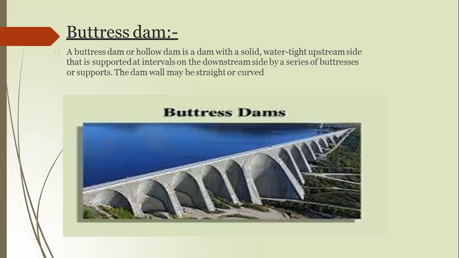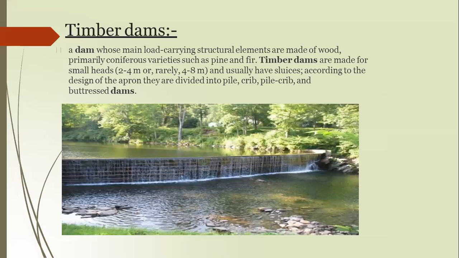Now, similar to steel dams, timber dams can also be used. In this picture, you can see a timber dam. The dam wall height varies between 2 meters to 4 meters, or rarely up to 8 meters, so there is a limitation to its height. This dam falls under the category of small to medium dams. Again a weir-like structure is used.